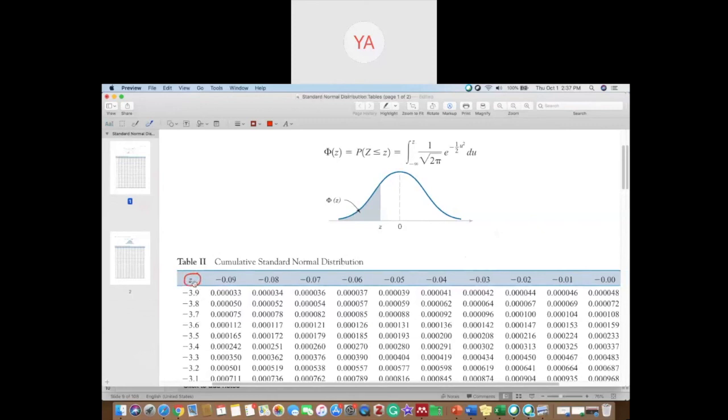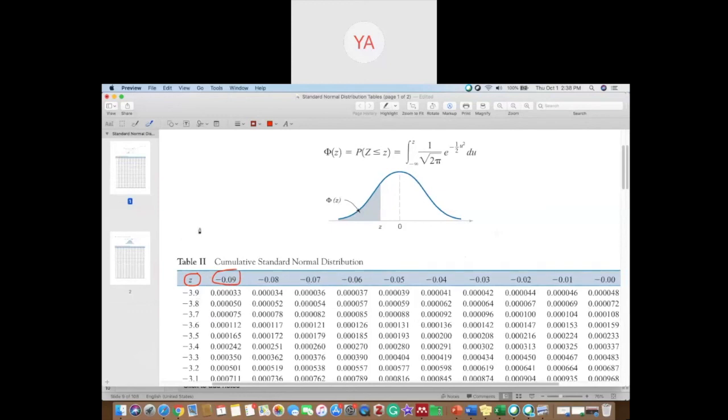So this left column gives you the z score up to the 10th place: 3.9, minus 3.9, minus 3.8, minus 3.7. Now the other columns, these values, show you the 100th decimal place.